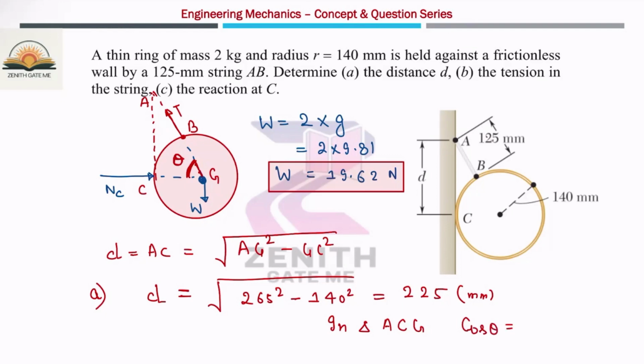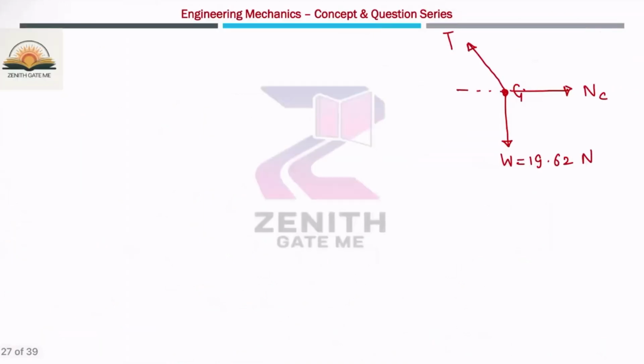Cos theta is base, that is GC, divided by hypotenuse, that is AG. GC is 140 and AG is 265. So theta is 58.109 degree. That means the tension is making 58.109 degree with the horizontal axis.